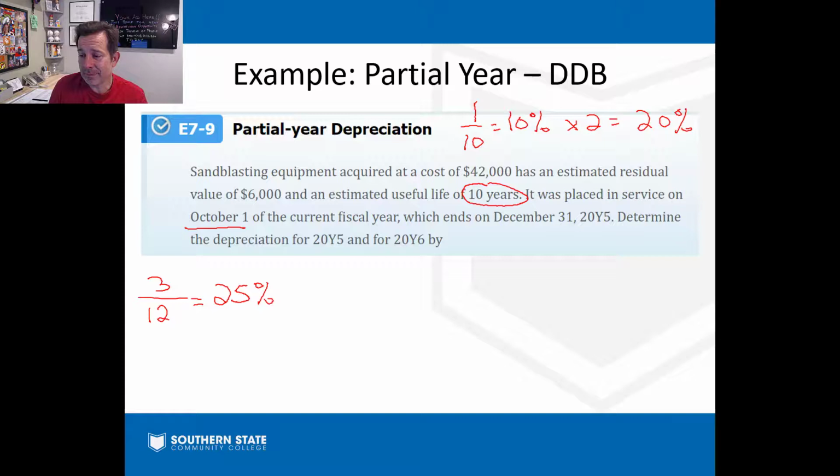So in year one, we'd have 42,000. We are ignoring the residual value in DDB until the very end, so I don't need to factor that in right here. We're going to multiply that by 20%. 42,000 times 20% gives me 8,400.